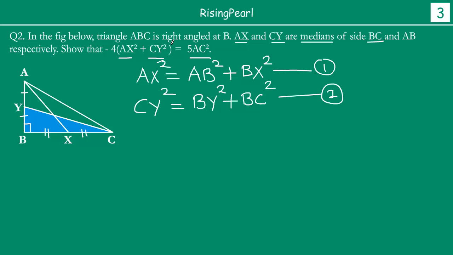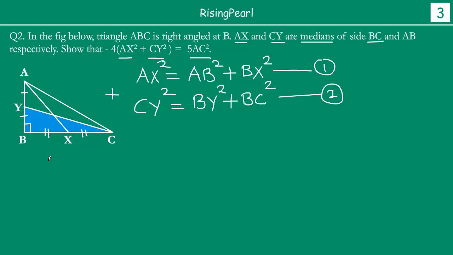Now friends, look at what we have to do. We have to prove AX square plus CY square is equal to something. So we will simply add equation 1 and equation 2. So what happens when you add these two equations? Let's give ourselves some more space.